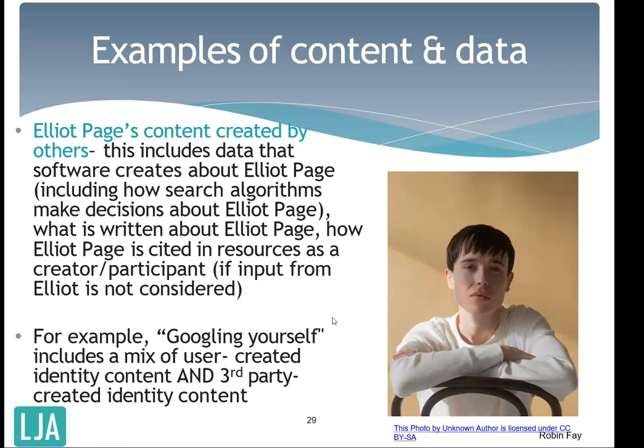How Elliot is cited in resources, so how Elliot is cited in movies and other things they may be working on if input from Elliot has not been taken into consideration. So how Elliot would appear as a documented identity within these various resources, especially if Elliot really didn't have any decision making in that particular piece of it.